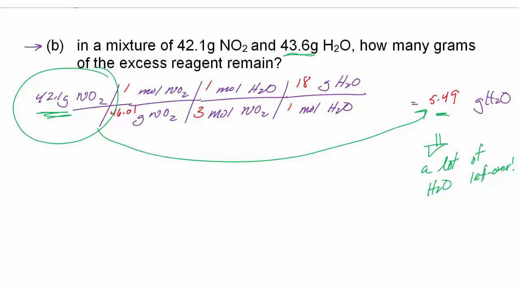Okay, so how many grams of the excess reagent remain? I know that I have 5.49 grams of water reacted. How much did I have there originally? 43.6.